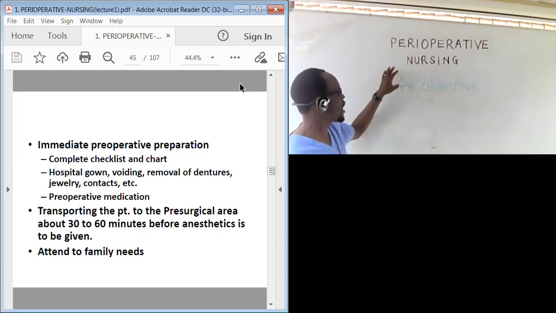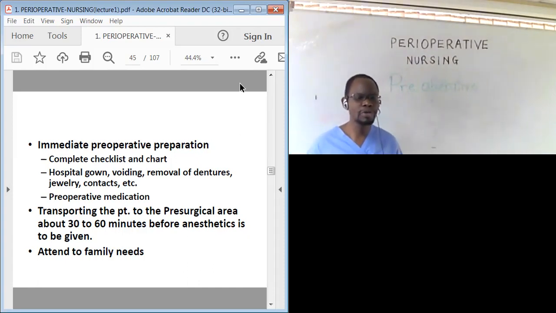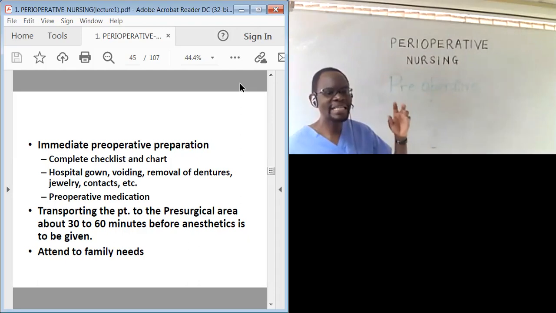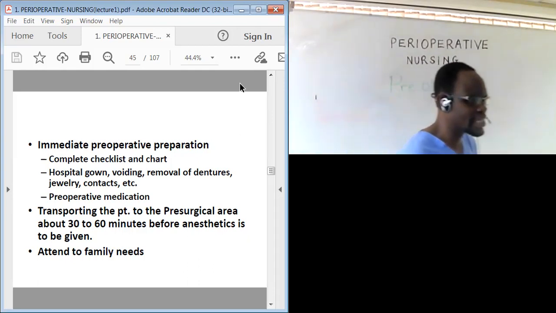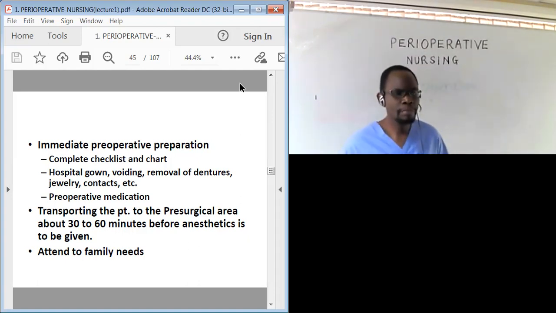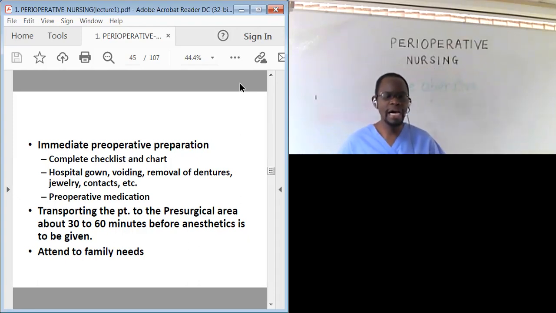Maybe the other thing we might not have looked at is that this patient is not only to be seen by the nurse, but also by the anesthetist and the surgeon.